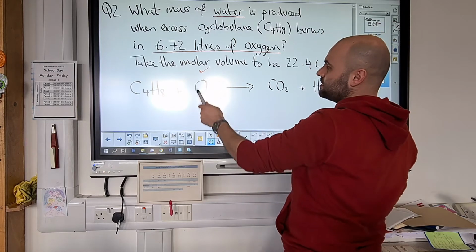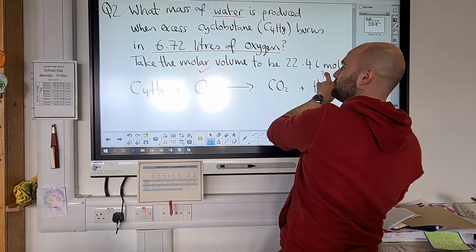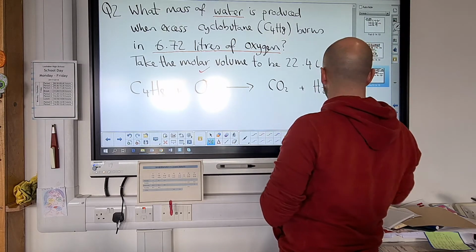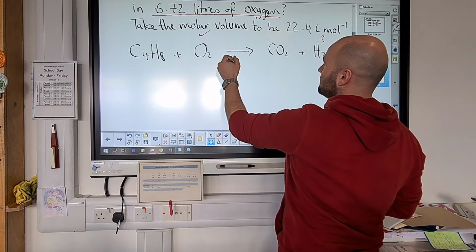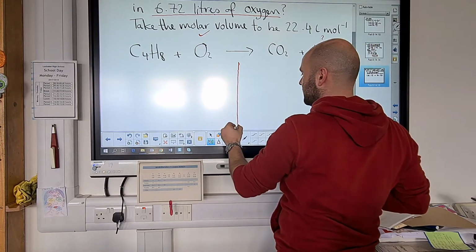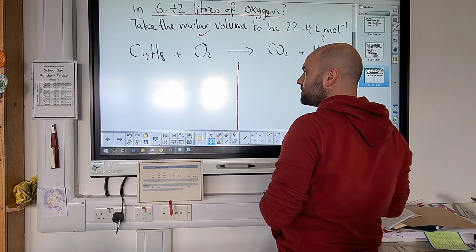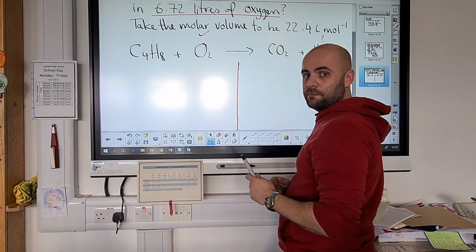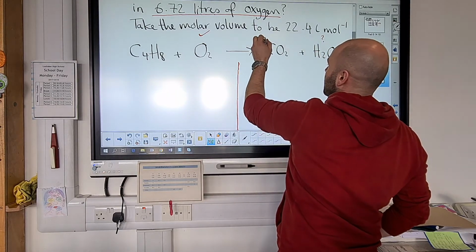So the question tells us that we have this much oxygen. How much water am I going to produce in these types of questions? So again, what I'm going to do is divide my page between the tick and the question mark so it makes it clear where the calculations are happening. I also need to make sure that it's a balanced chemical equation. 4 carbons, so I need 4 carbons here.